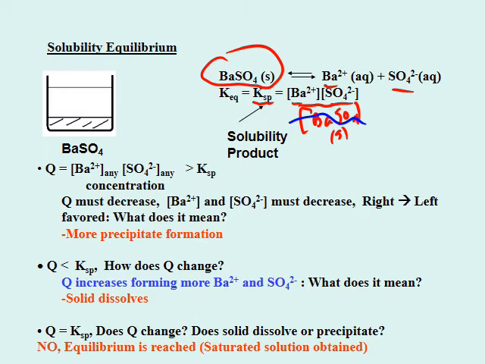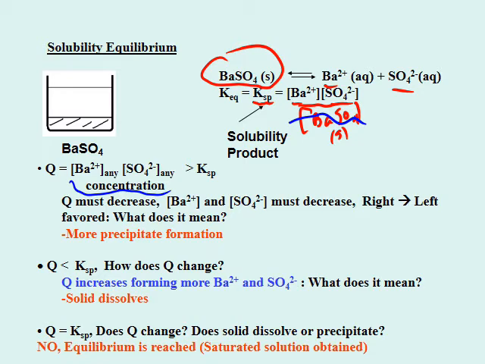Now let's go back to our application in terms of Q value. I can have any concentration of Ba2+ and SO4 2- in the solution. How? I can add barium chloride or barium nitrate, for example, and I can have sodium sulfate added to the solution.